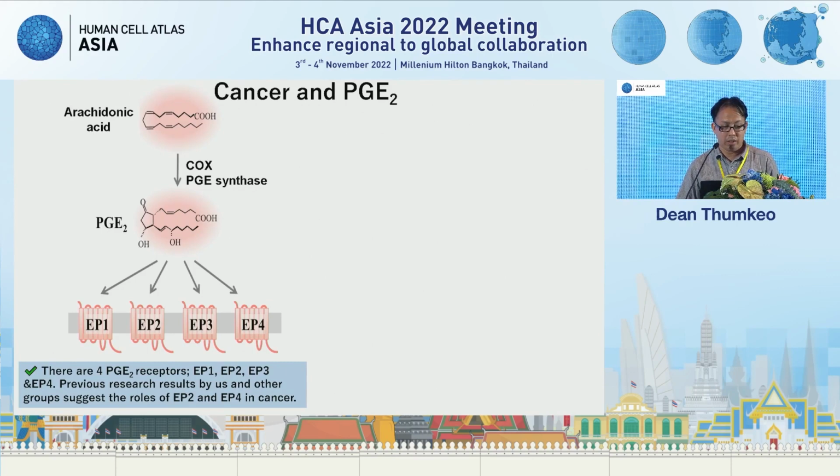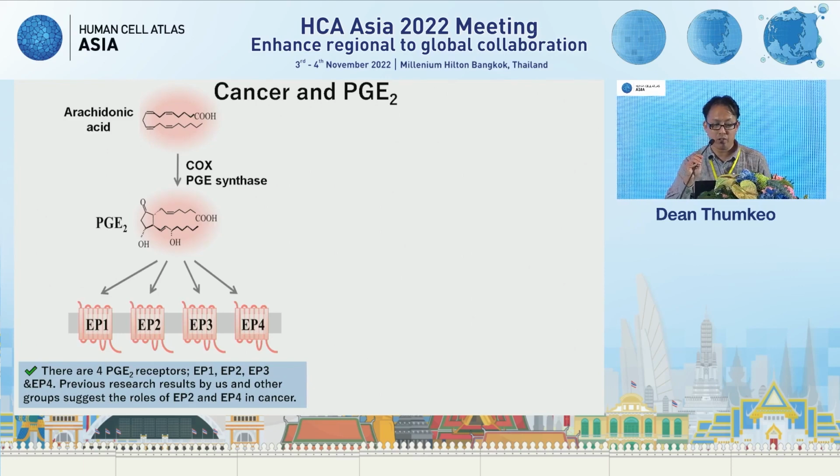It was previously known that there are 4 cognate PGE2 receptors, EP1, EP2, EP3, and EP4. Previous research by us and another group suggests that EP2 and EP4 are highly expressed in tumor-infiltrating immune cells in different human cancers.